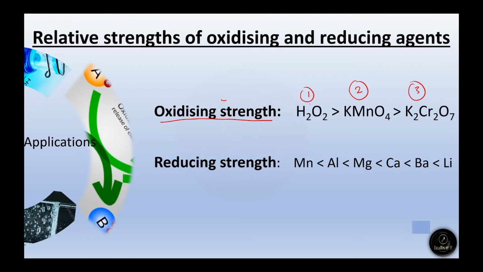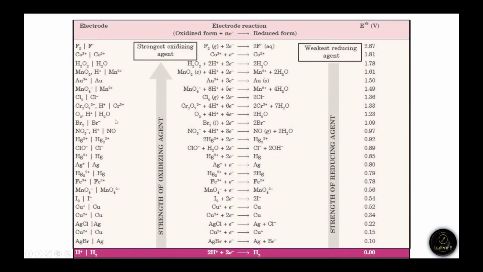So the oxidizing strength of hydrogen peroxide is more than KMnO4, which is more than K2Cr2O7. We can confirm it by using the electrochemical series. We already know that oxidizing strength is highest at the top, so we need to check from top to bottom whether the series is correct or not.